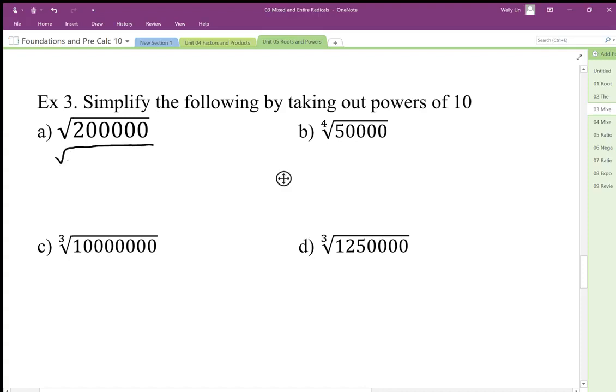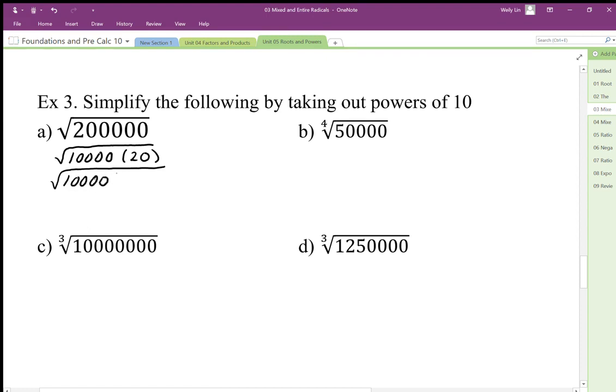Okay, so 10,000. 2 zeros is 100. I can add 2 more zeros to get a perfect square. And if I divide that out, I'm going to be left with 20. And I recognize that 20 has a perfect square factor as well. So there's my 10,000. You can take that out as 100 squared if you like.